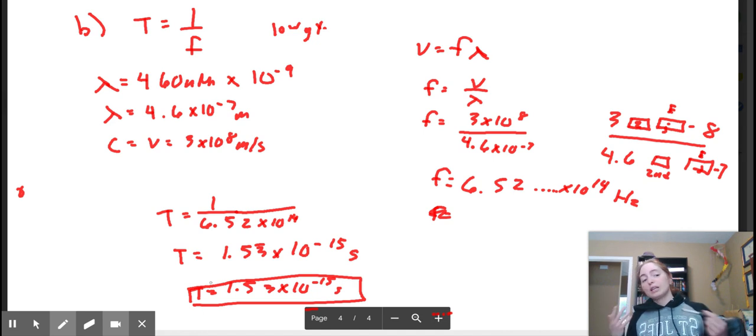Let's think logically for a second. We're dealing with how long it takes for one wavelength to pass a certain point. Well, we're talking about light here. Light moves ridiculously fast. It's not going to be much time at all. So it makes sense to have a really tiny amount of time.